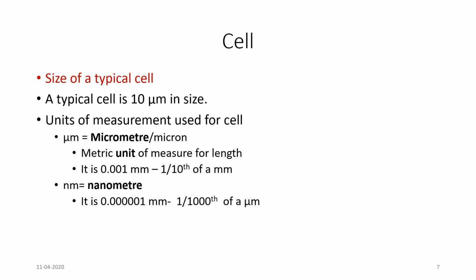It's a unit of measurement used for cells. 1 micrometer, which is represented by the symbol that is shown here, is the symbol for the micron or micrometer, which is a metric unit of measure for length, and it is 0.001 millimeter.